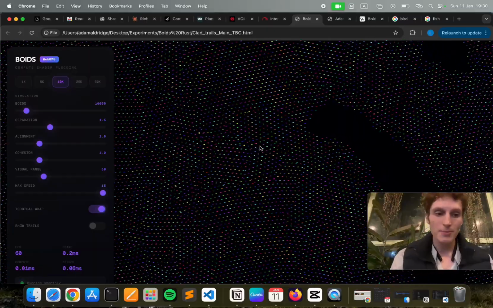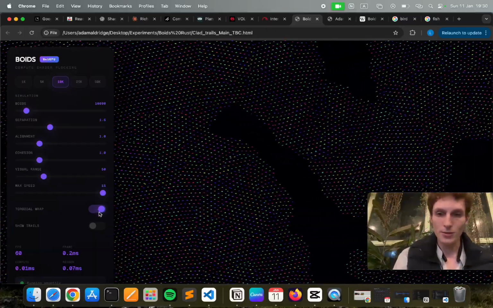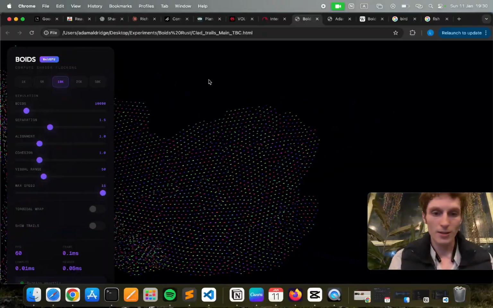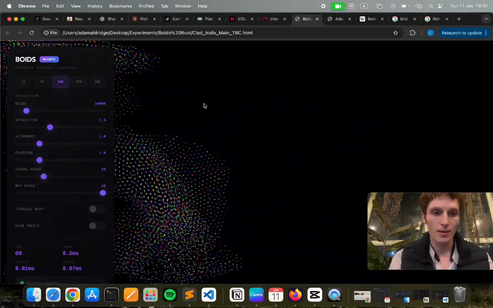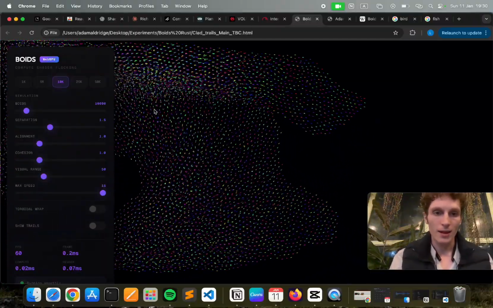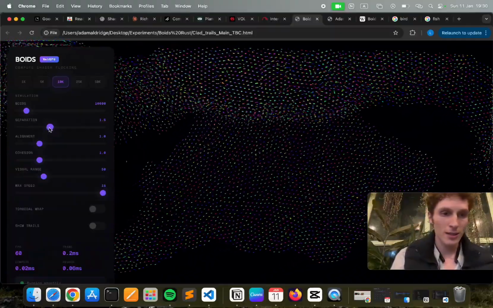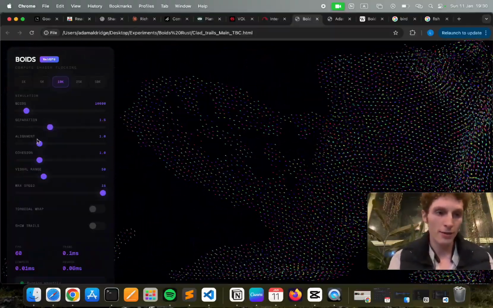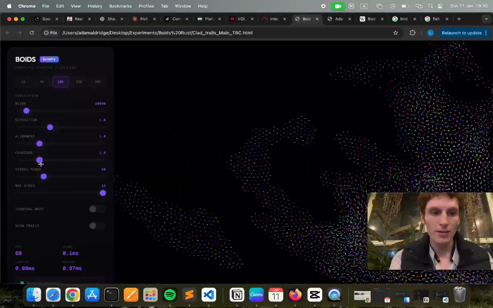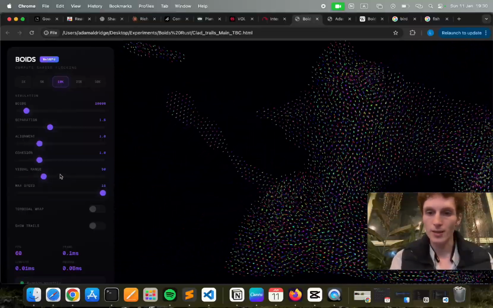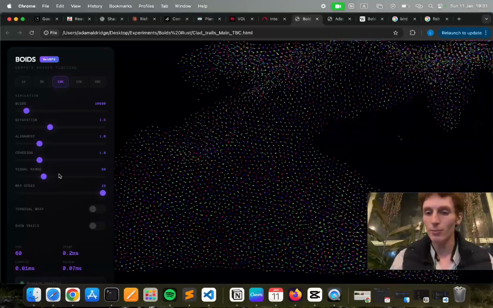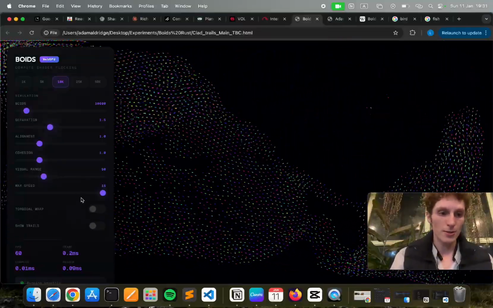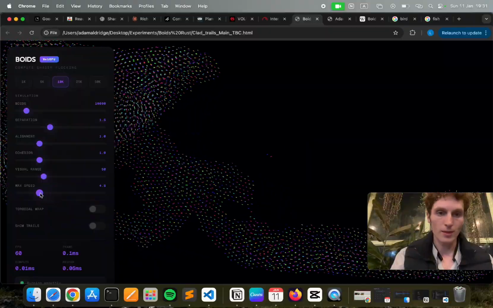Okay, so let's play around with this a bit. We can turn the toroidal map off again, so we have the fixed boundaries. And we've got these sliders for the three forces: separation, alignment, cohesion, and then there's also visual range, the radius which each Boid can see. So I'm just going to lower the speed a little bit.